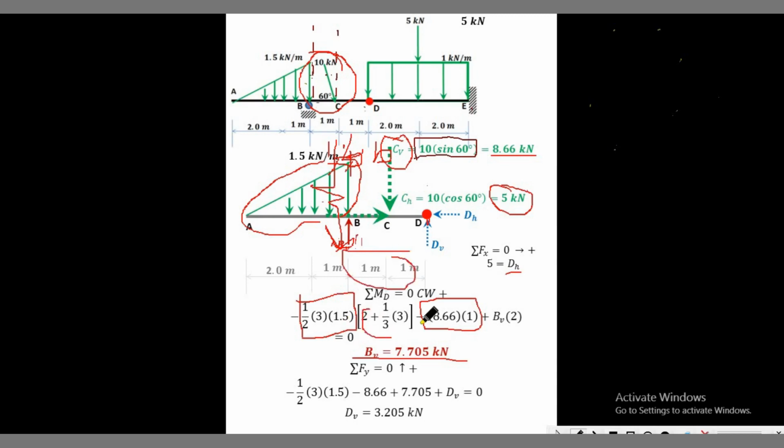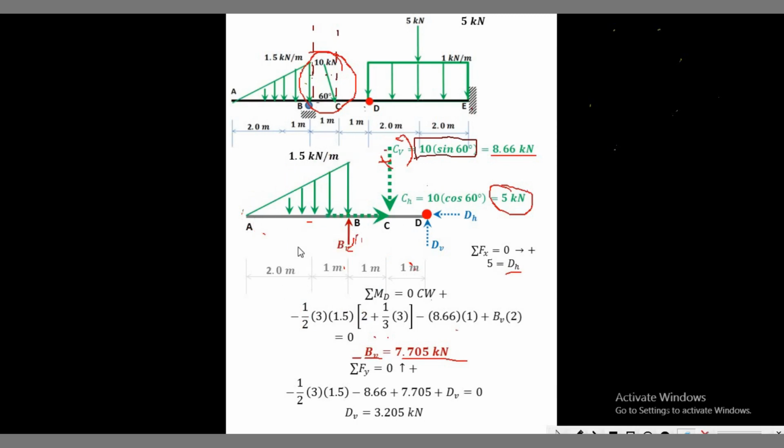Kaya yung aking moment arm ay ito. Okay? So, dun ko nakuha si value ni BV, which is equal to 7.705 kilonewtons. Then, nakuha ko na rin si DV. I can now proceed to the other side of my beam.